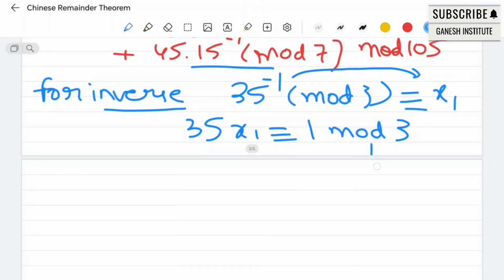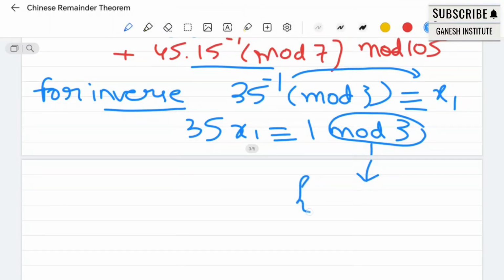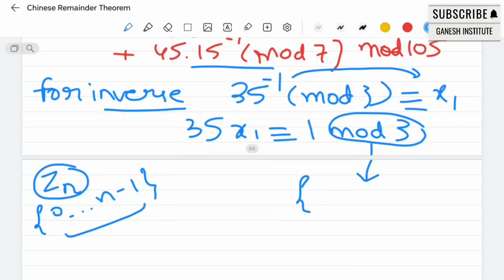Now whenever there is a modulo, you need to understand which set this modulo 3 belongs to. Always remember, if I have Zn as my set, it will contain the elements from 0 to n minus 1. So Z modulo n contains elements from 0 to n minus 1. That means modulo 3 will contain 0 to 2.